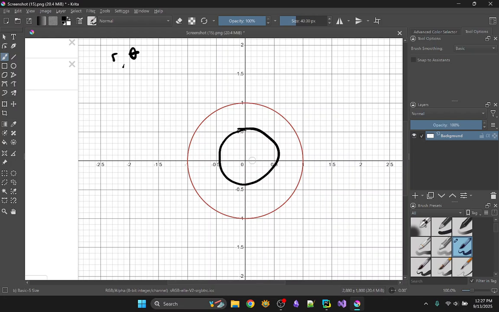So you could say that the cumulative probability of choosing this radius should be 0.5. By cumulative probability, I mean the probability of choosing a smaller radius or this radius.